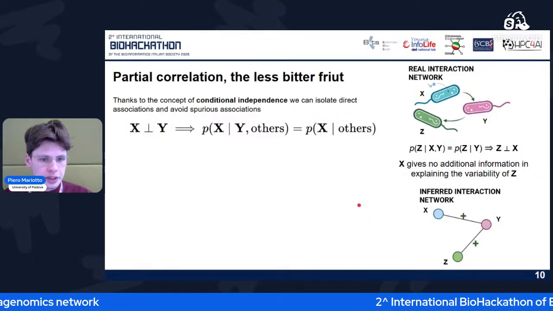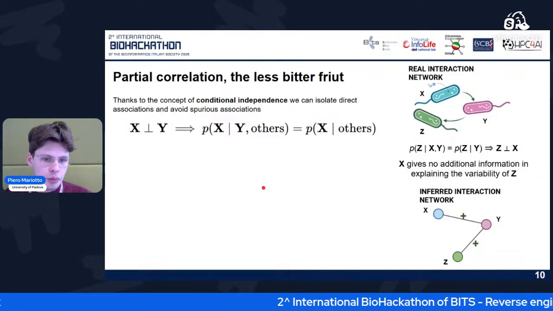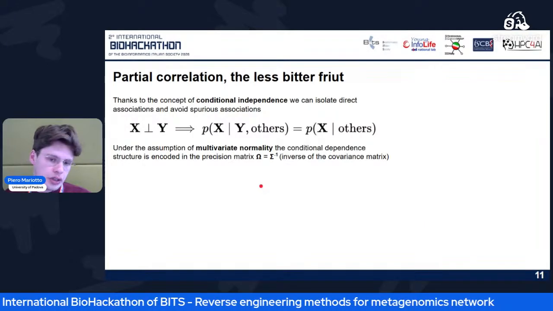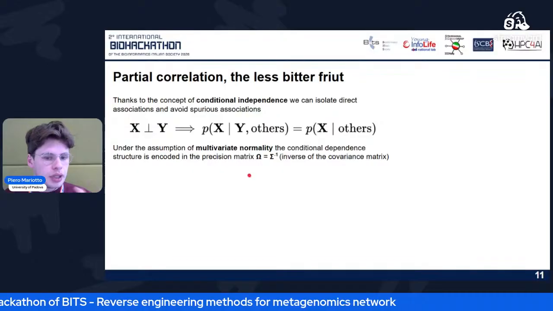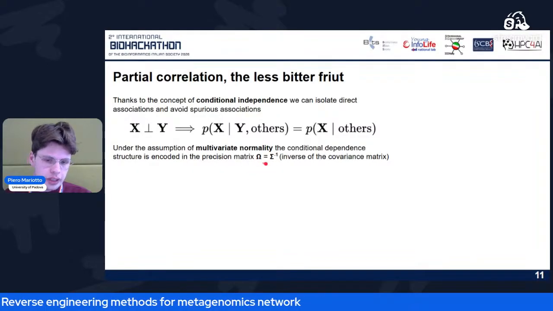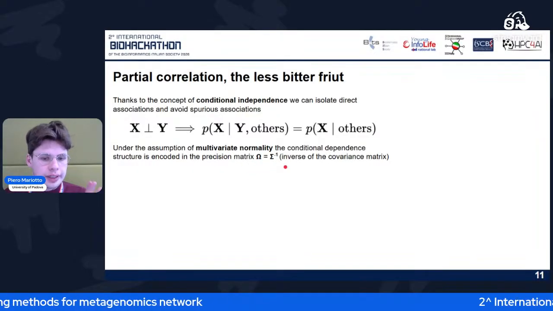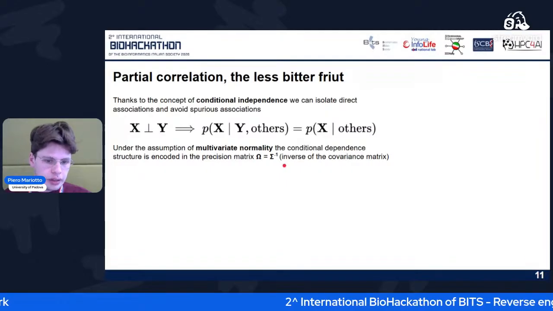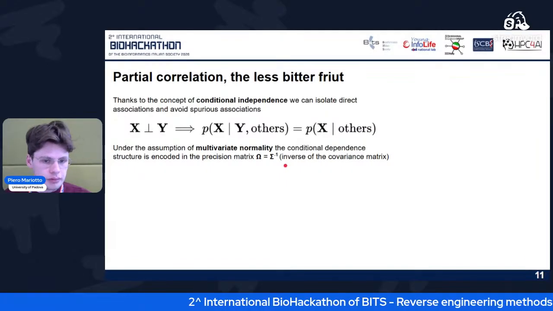But how can we exploit this conditional independence framework to infer our interaction network? We can do it because there is a neat relationship between the precision matrix, which is the inverse of the covariance matrix, of multivariate normally distributed variables and the conditional independence condition.